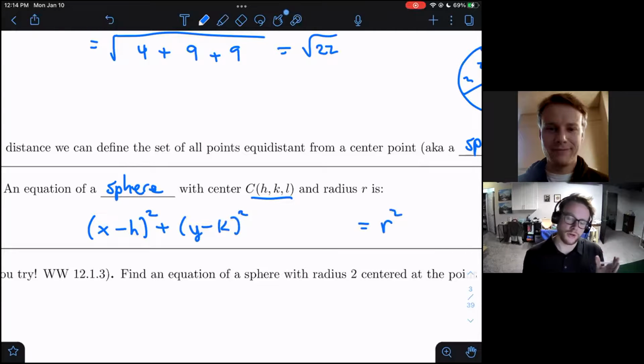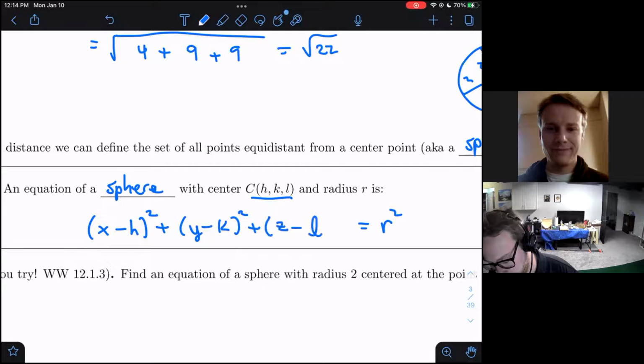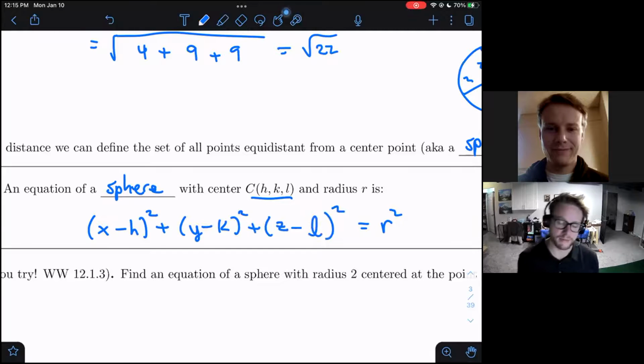That's the general equation for a circle in 2 dimensions. And of course, we can just sprinkle on some z's and we'll get the equation for a sphere in 3 dimensions. Z minus the z center, so z minus L quantity squared, I just add that on, and that gives us the equation of the sphere in 3D.